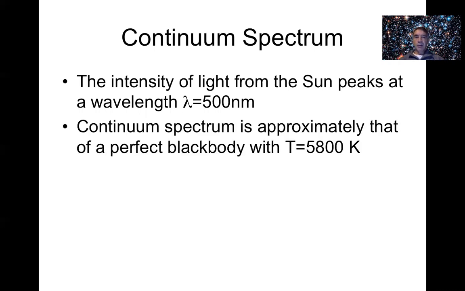Now, if you then further analyze the shape of that spectrum, you find that it's very close to what a perfect black body would radiate if it had a temperature of just under 6,000 Kelvin.